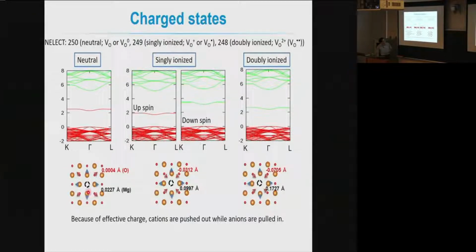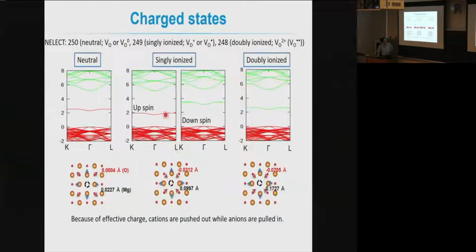If you look at the relaxation around the defect level in the neutral state, compared to the equilibrium positions in the bulk, you have seen that this relaxation was quite small. The first shell moves only 0.02 angstrom, and the second shell is minimal.